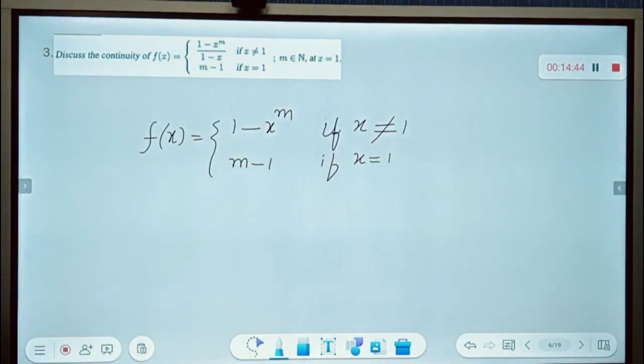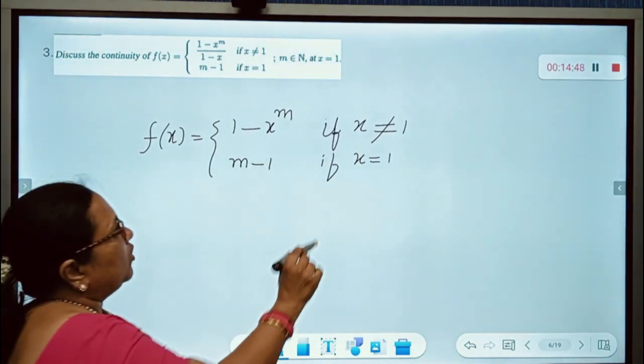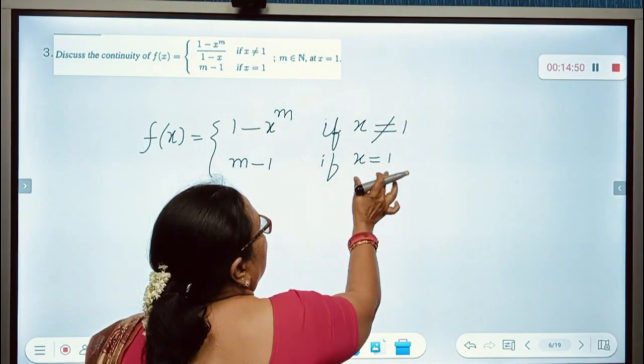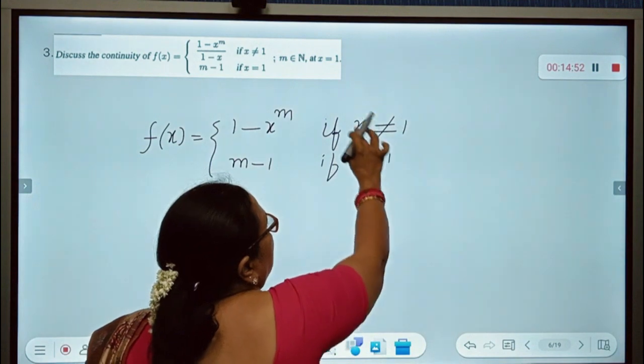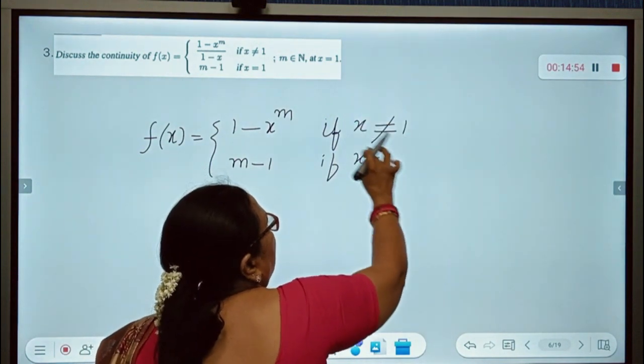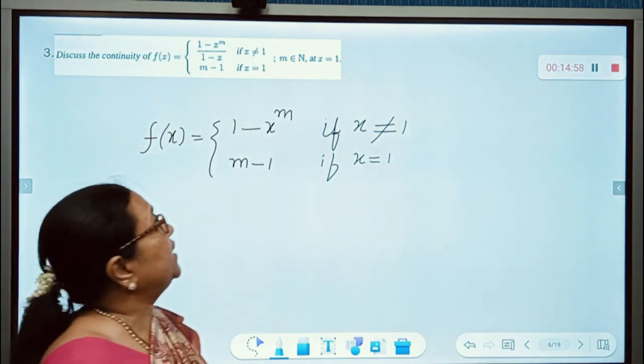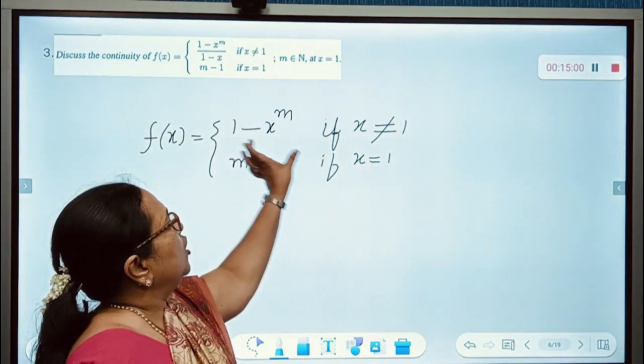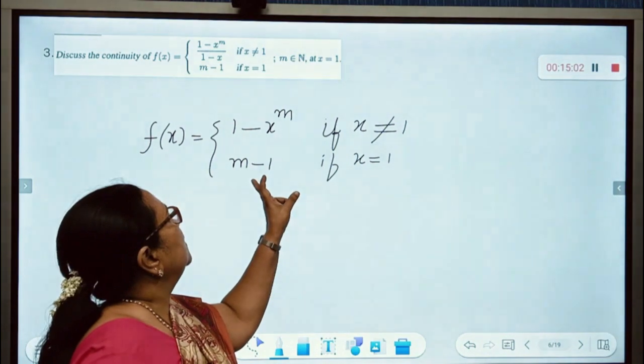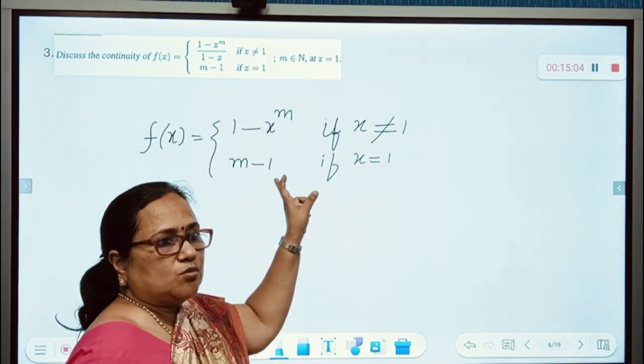Now let us solve some problems. So whenever x is not equal to 1 is given, and x is equal to 1 is given, this implies that the left hand limit and right hand limit are one and the same, because for x less than 1, x greater than 1, this is f of x. Only for x equal to 1, the value of f of x is m minus 1.